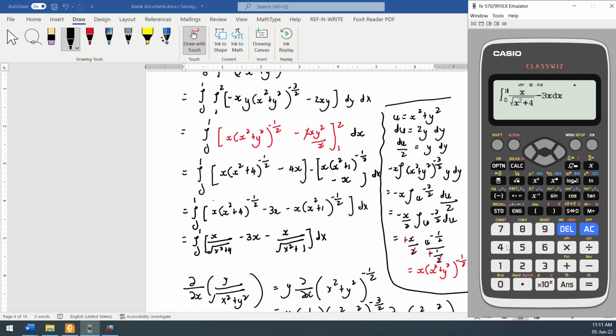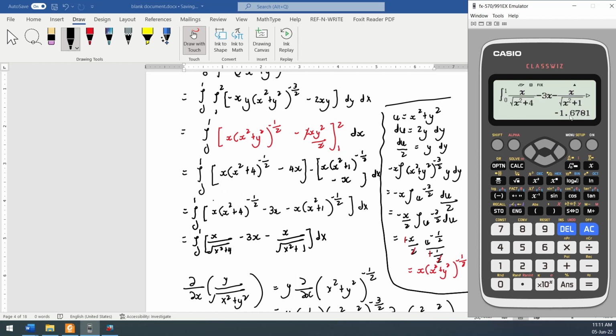This is 1, this is 0, still left out one more term. So minus alpha x divide square root of alpha x squared plus 1.